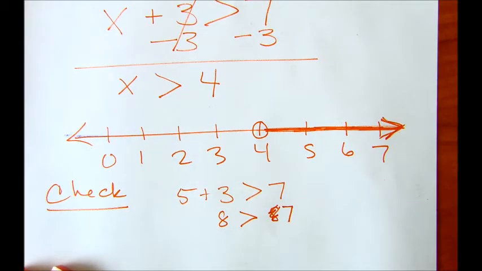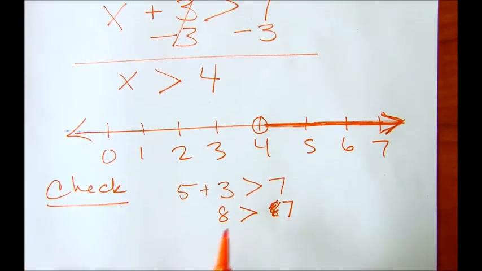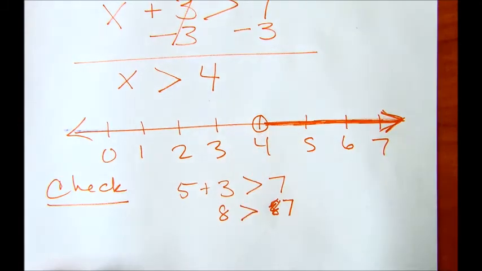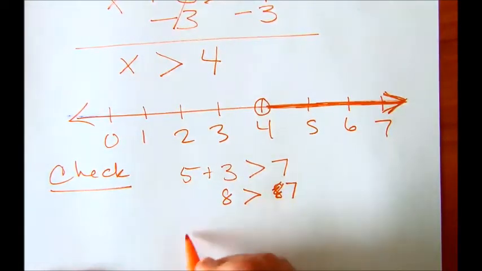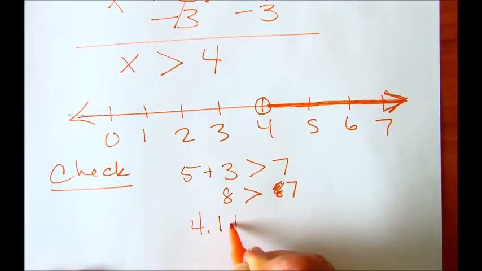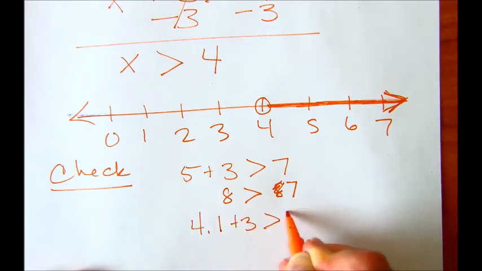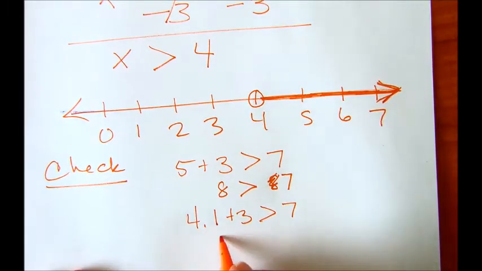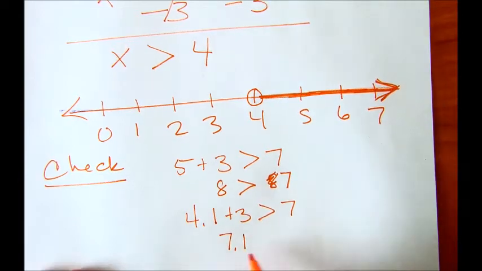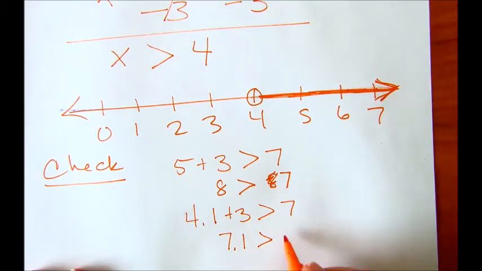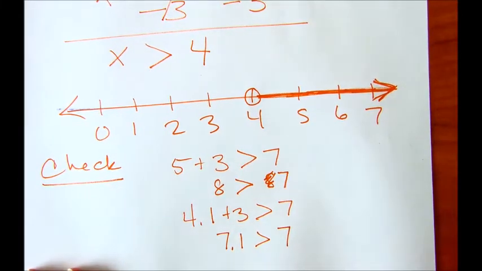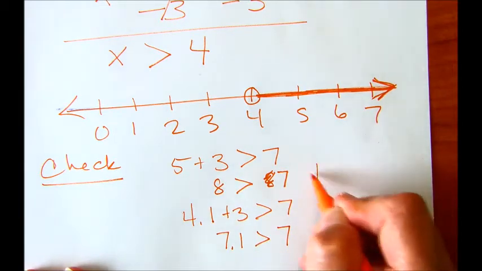You can even pick a number really close, like say 4.1. 4.1 plus 3, is that greater than 7? Well, that's going to give you 7.1, or 7 1/10. Yes, it's 1/10 greater than 7, so that would also be true. So these are true.